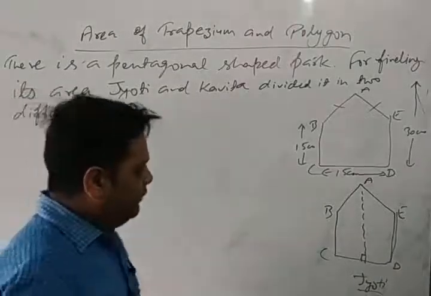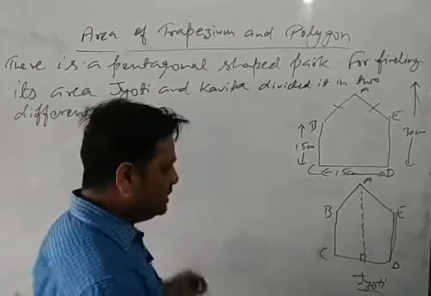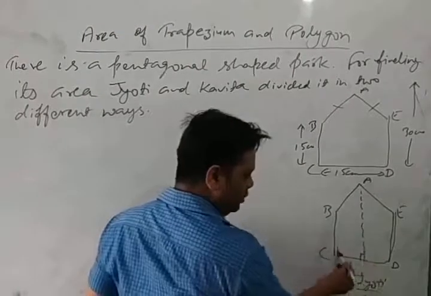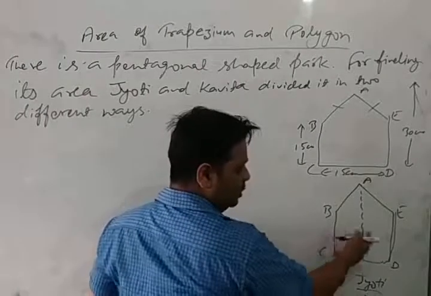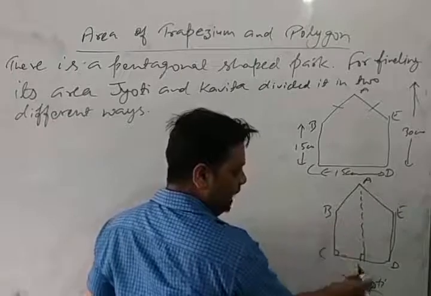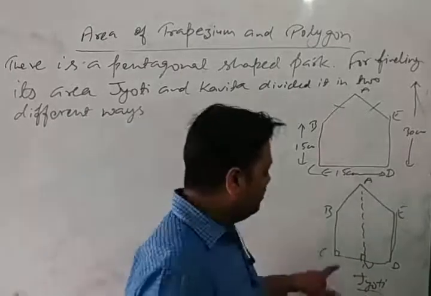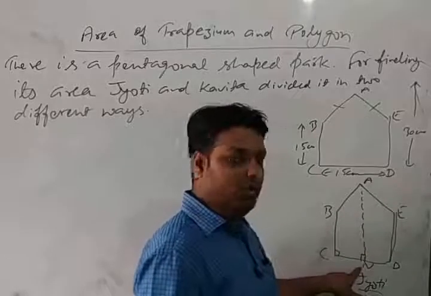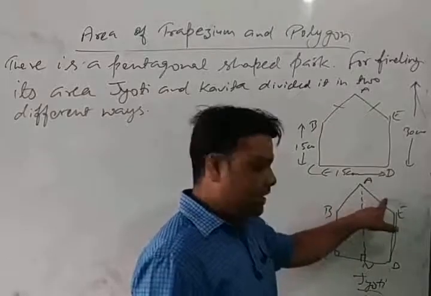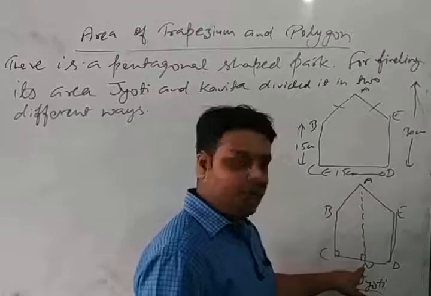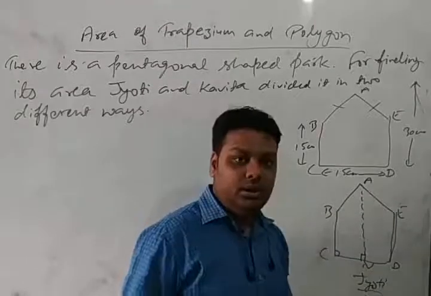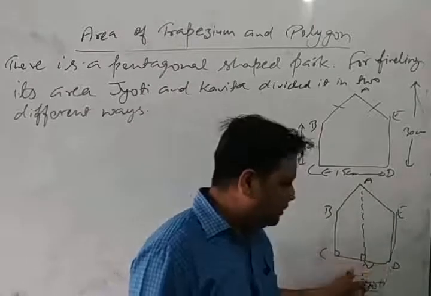Now, if you find the area of this, you can see it is perpendicular and it is also perpendicular. So, these two are parallel sides and the height between them is this one. Now, if both sides are equal, it means this line will divide this side into two equal halves.